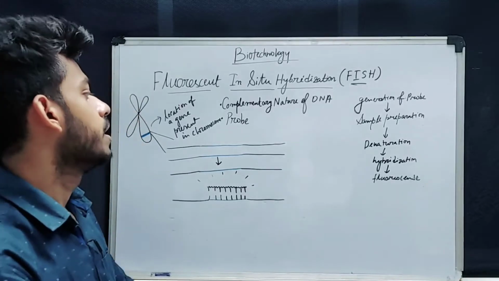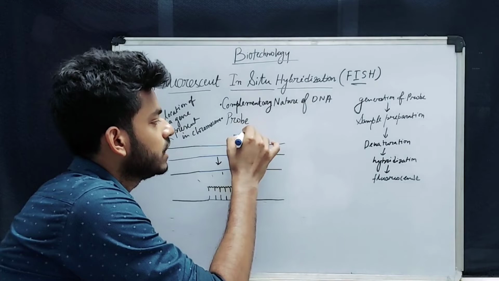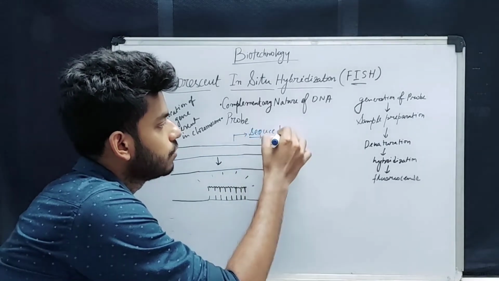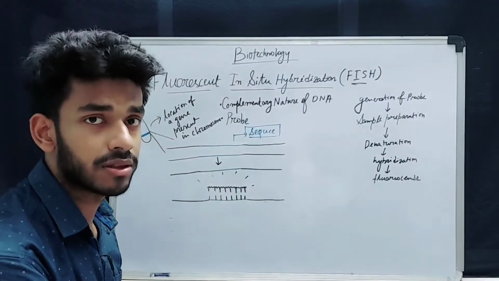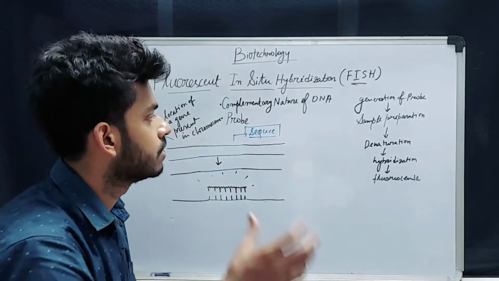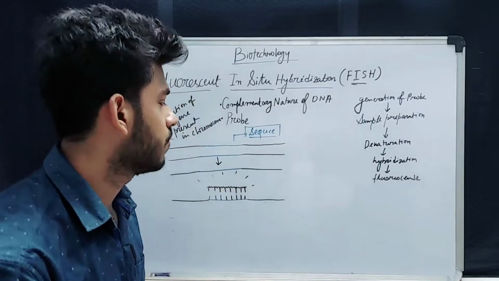So what you do, you simply sequence the gene using any sequencing method. I have discussed the sequencing methods in another video, that is Sanger's method. You can use Sanger's method.